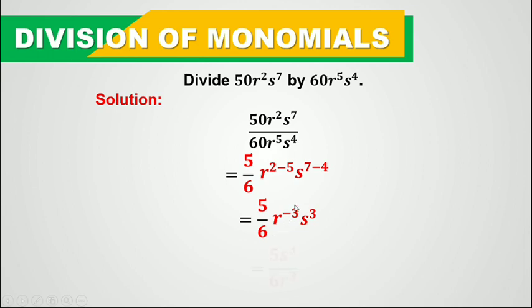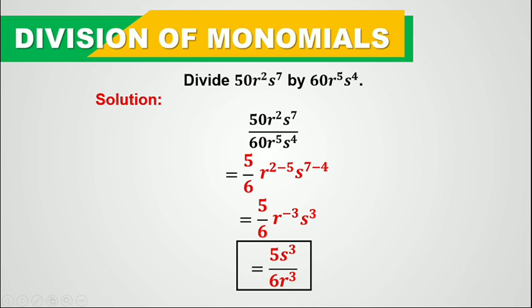So just like this. We copy 5 over 6, and then we write s cubed in the numerator because the exponent is positive. And then the exponent of r is negative 3, so we're going to write that in the denominator. However, we're going to change its sign to positive. So from negative 3, that becomes positive 3. So this is the answer for this particular exercise.